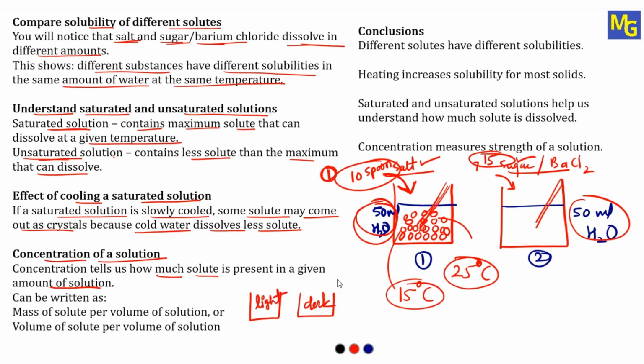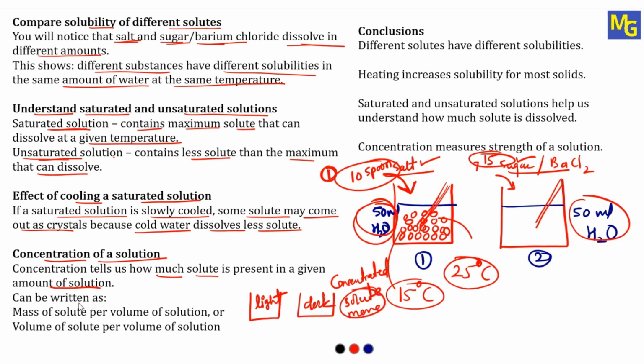Dark is concentrated, which means the solute is more. Light color means it is dilute, the solute is less. So in dark, solute is more. In light, solute is less.